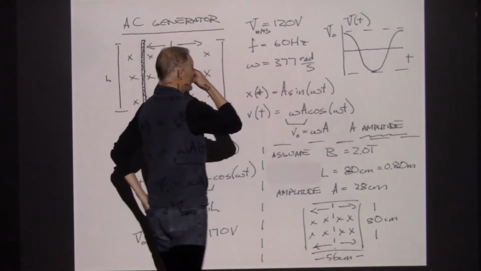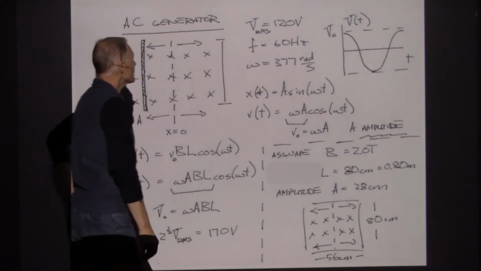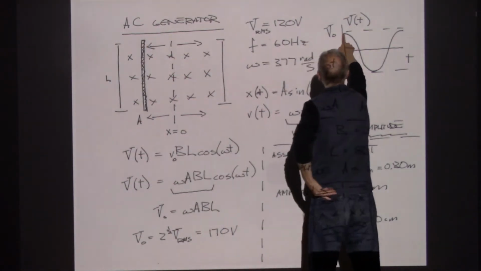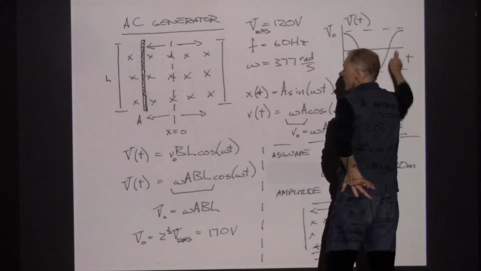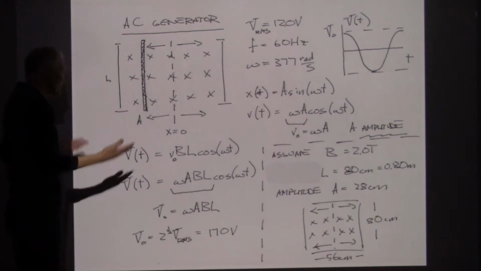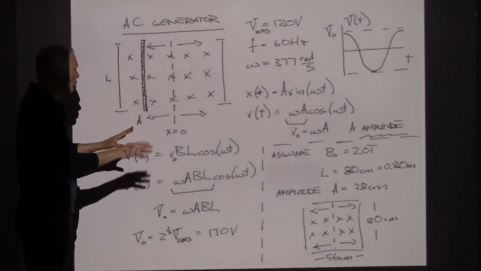So that's what we're after here, an angular frequency of 377 radians. And what we're looking for then is the voltage as a function of time. So I think everything here is kind of the same as what we did on the previous page. It's just a few more details.